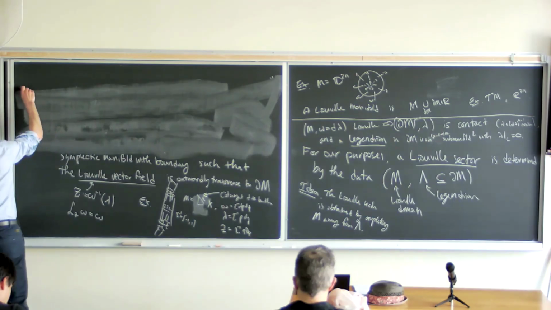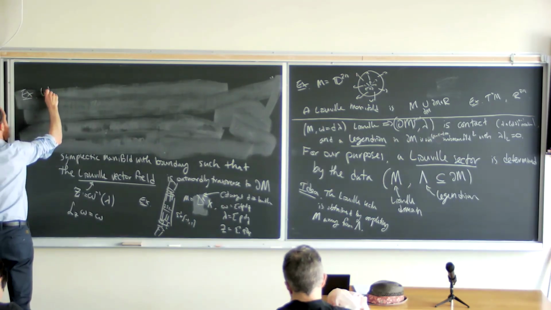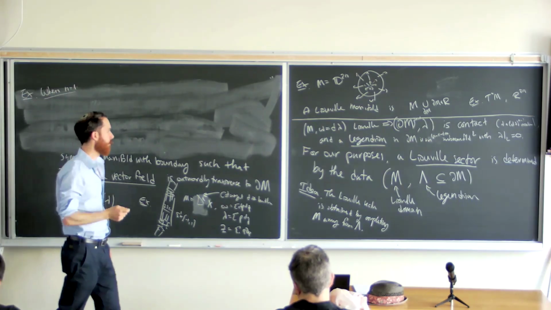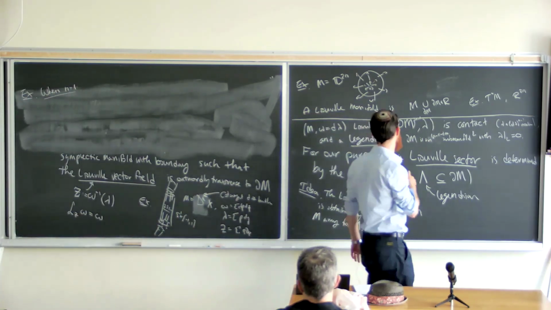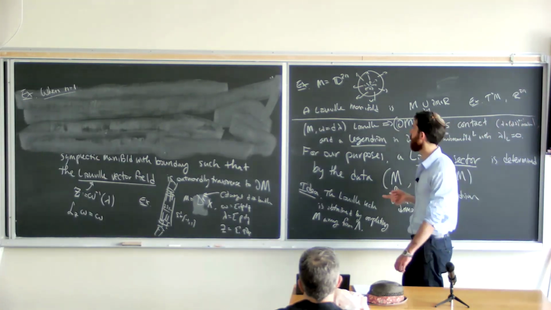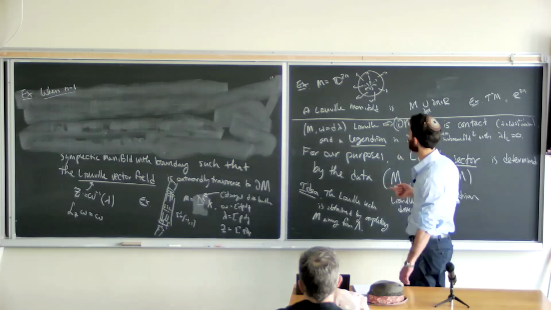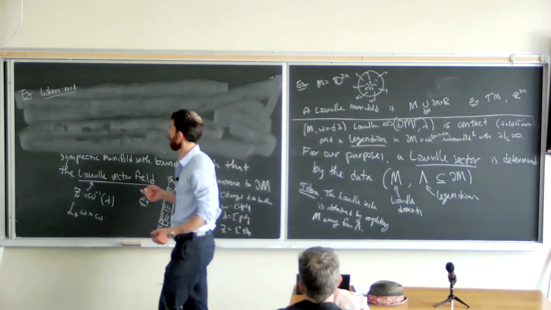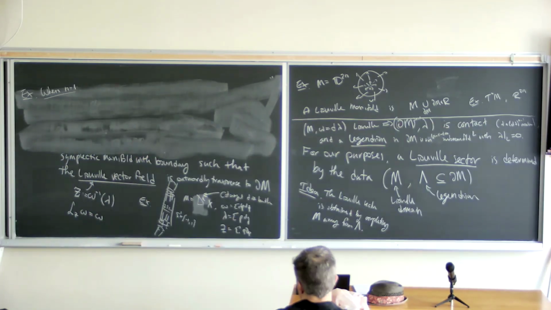So example, when n equals 1, okay, so M is a 2n dimensional manifold. If n is 0, that's sort of pointless because there's no boundary to speak of. So this is the simplest case where you actually get a Liouville sector.